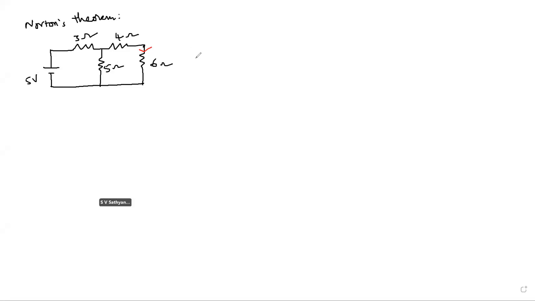So what is the first step? We need to draw the equivalent circuit, Norton's equivalent: IN, RN and RL, right?